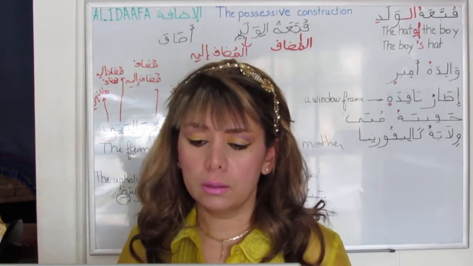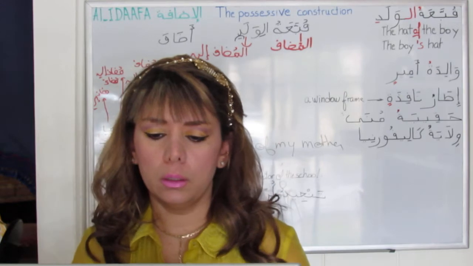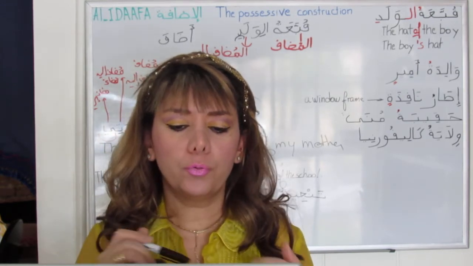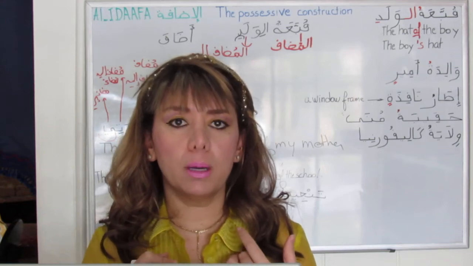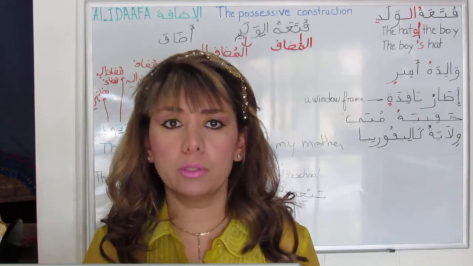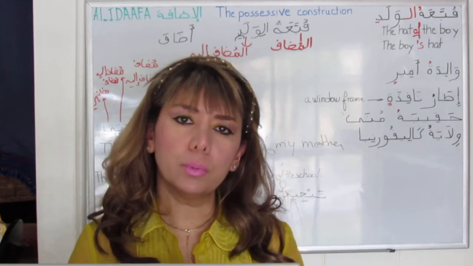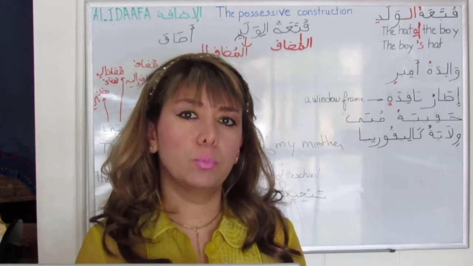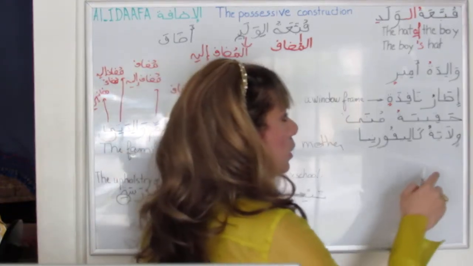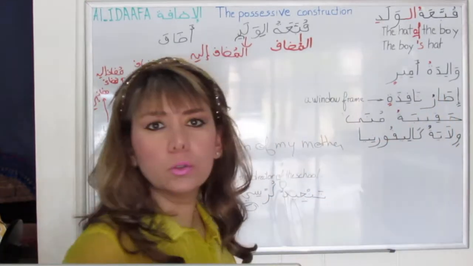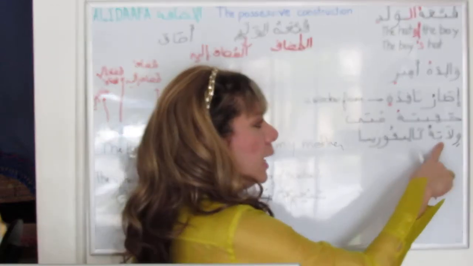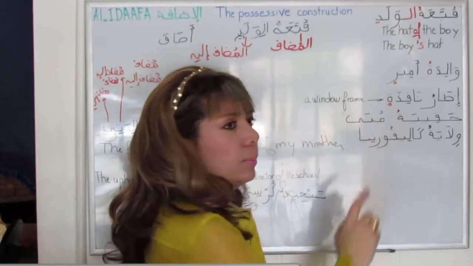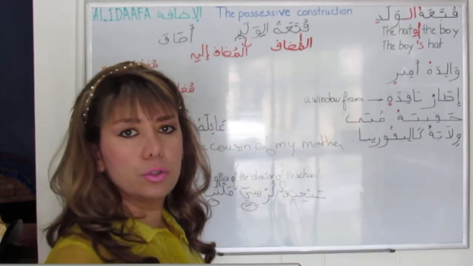One thing you need to keep in mind with the idafa construction is when the first noun has a ta marbuta, you have to pronounce it as ta, because normally for the feminine nouns ending with ta marbuta, like for example walida, we don't pronounce the ta. Wilaya, we don't pronounce the ta. Haqiba, we don't pronounce the ta.